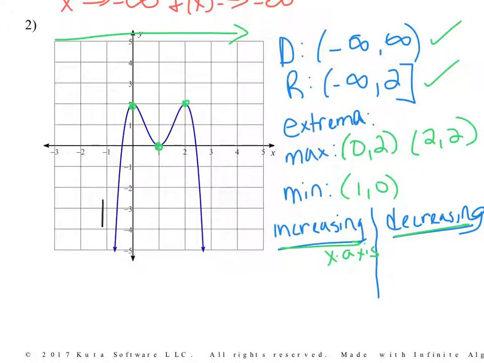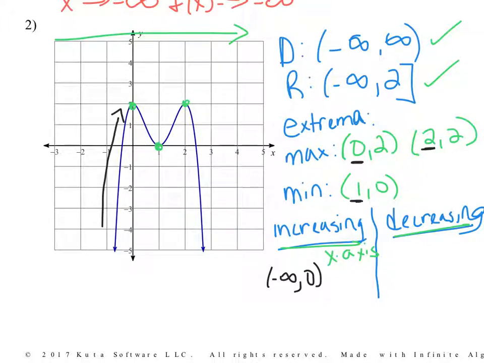So it's increasing here, so that would be negative infinity to 0. Remember, you really want to look at your extrema points. These points will all exist in your increasing and decreasing intervals, never the y's. So if you're looking at the point (0, 2), make sure you're taking the 0 and not the 2. Okay, that's an interval there.